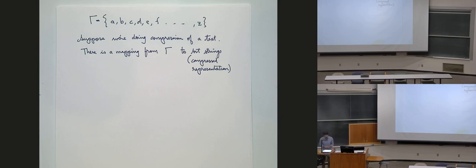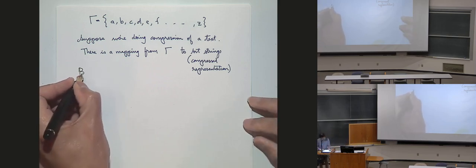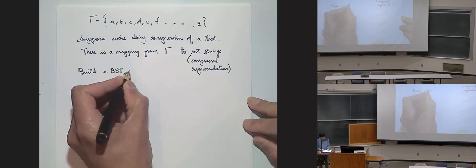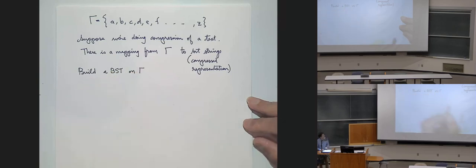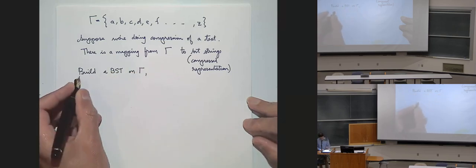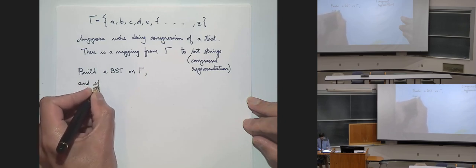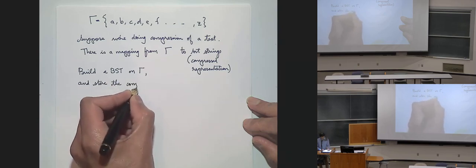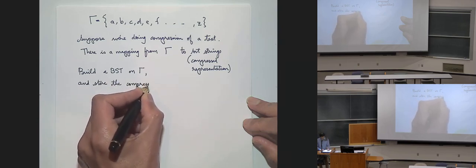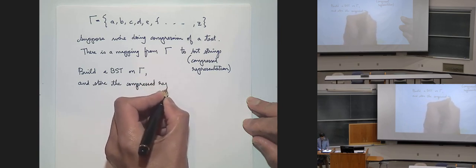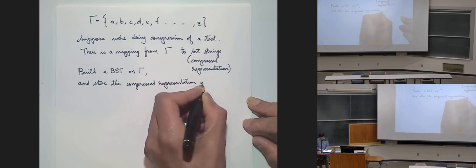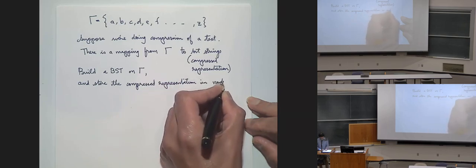So what you do is build a binary search tree on gamma and store the compressed representation in the nodes of the tree.